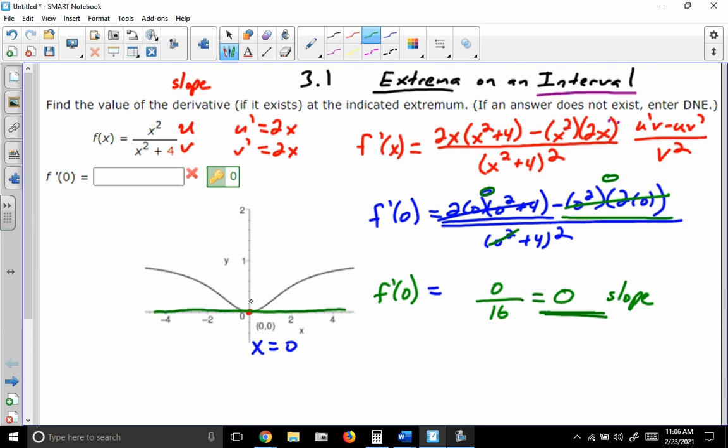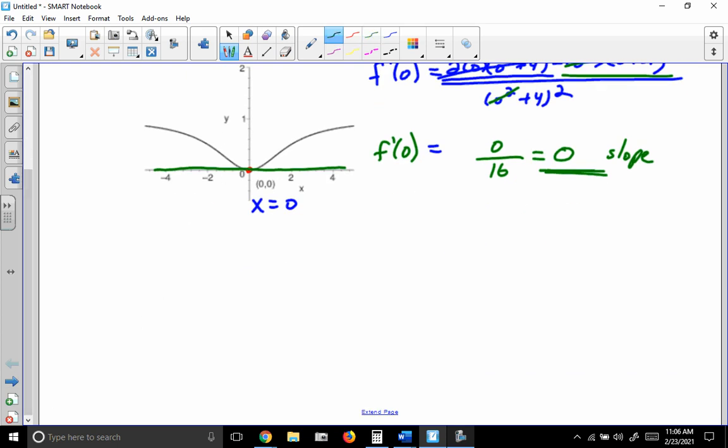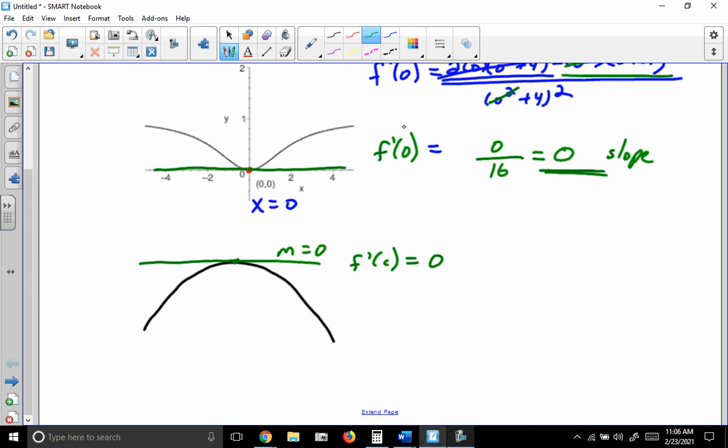If we have a minimum or a maximum, then at that minimum or maximum, our first derivative is going to be 0, because we're going to have a horizontal tangent line typically when we have an extrema, a relative minimum or a relative maximum.